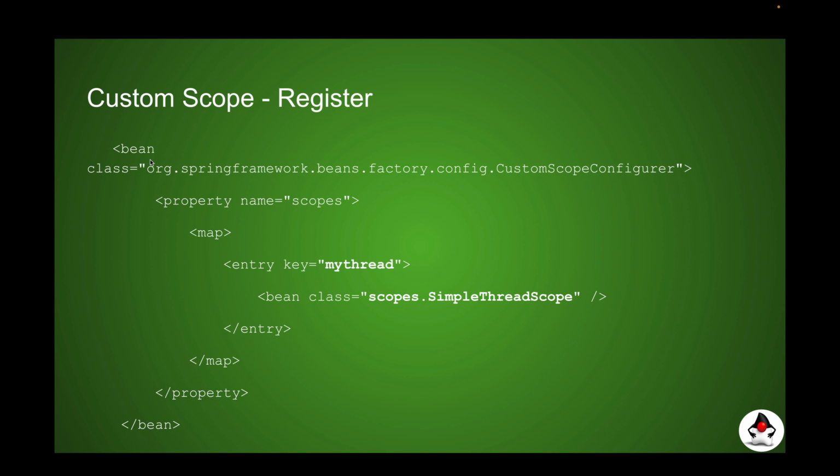To register it, we need to create a bean of type CustomScopeConfigurer, and then we need to set a property called scopes, which is a map. The map key is the name of the scope, for example, we have seen two scopes, prototype and singleton. That is the name, and the implementation of that scope will be the value of this entry, which we can specify using a bean.